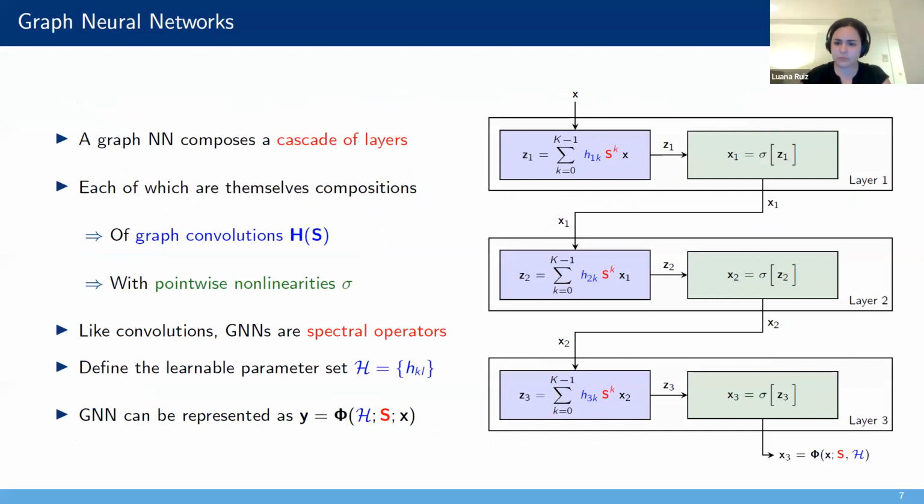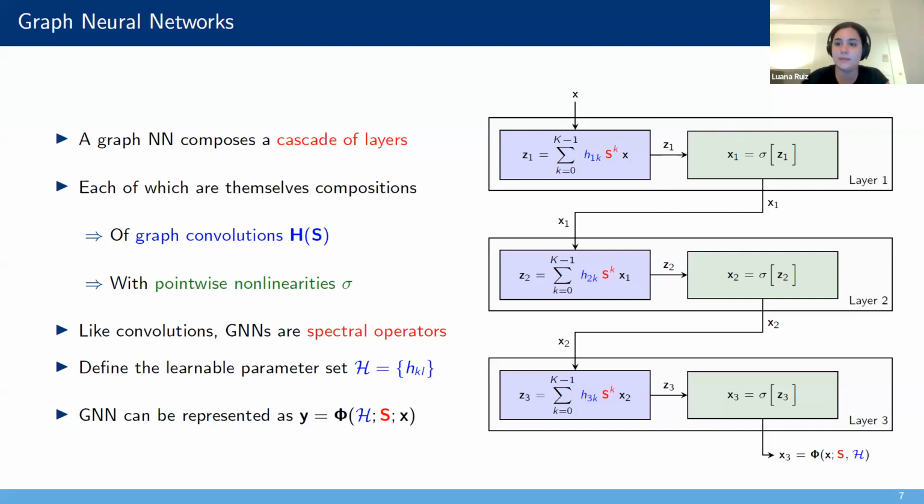And a graph neural network is a very simple architectural modification of a graph convolution. A graph neural network consists of a sequence of layers, each of which consists of a graph convolution, here represented by the blue blocks, followed by a pointwise nonlinearity, which is node-wise in the case of the graph, such as the ReLU, the sigmoid, any nonlinearity that you use in a conventional fully connected neural network.